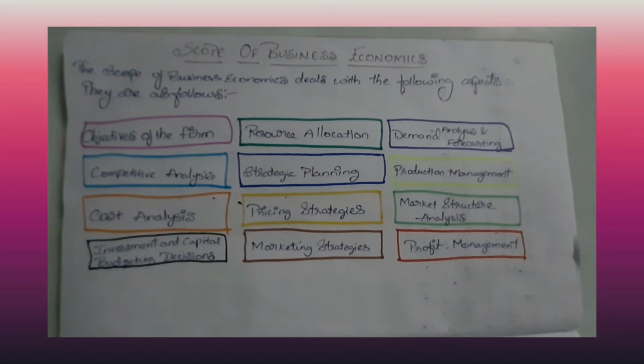So in order to sustain, to compete and to withstand in that competition, that business manager, that entrepreneur needs some essential techniques and methods, and that will be provided by business economics as its scope.